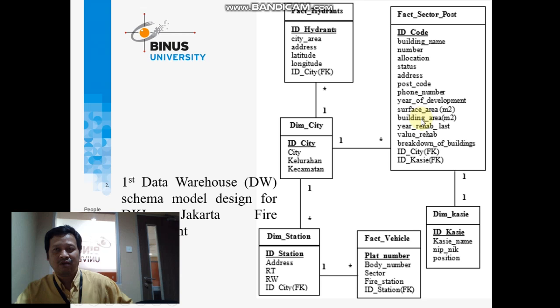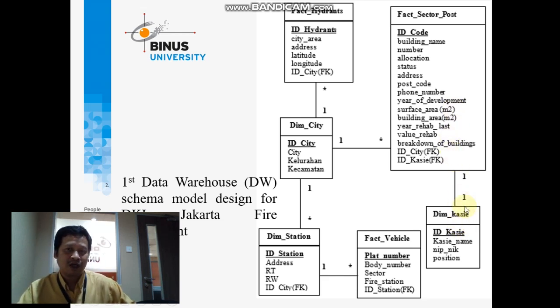The same goes for the fact sector post. And each city will have the stations. The same with the dimension of station: the fact vehicle will have the location dimension that belongs to each station, and each station can have many vehicles. The fact sector post will have one Kasi dimension.